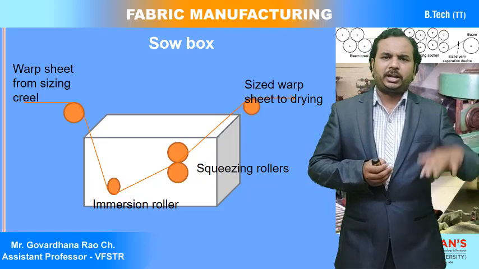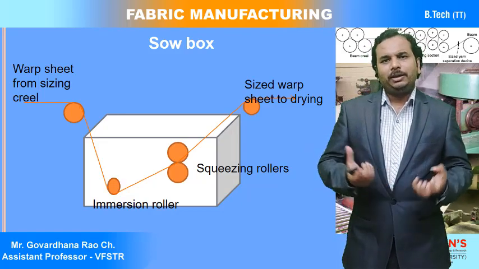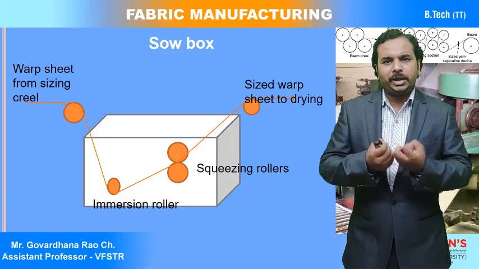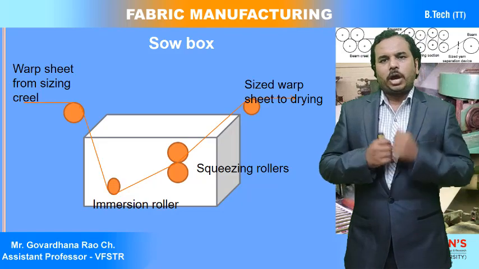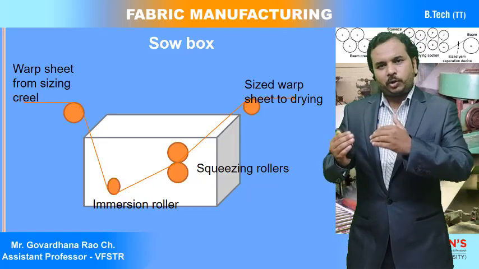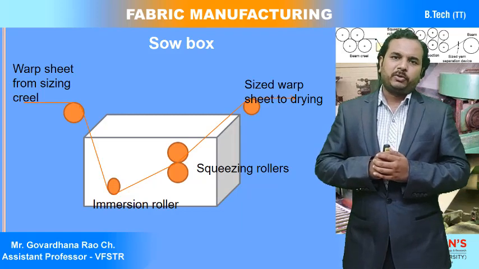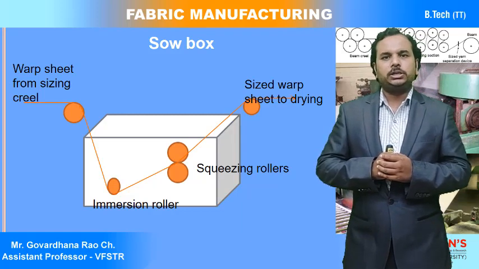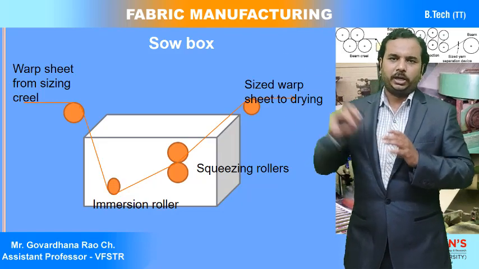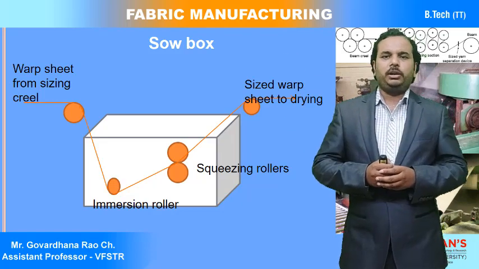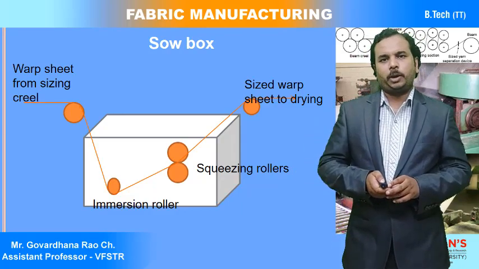Because of the penetration of the warp sheet into the size paste, the size paste is automatically picked up by the warp sheet, and the excess amount of size paste is squeezed off from the warp sheet with the help of squeezing rollers. Then after that it is going for drying, then the winding. So this is the simple picture of how the size paste is applied to the warp sheet.